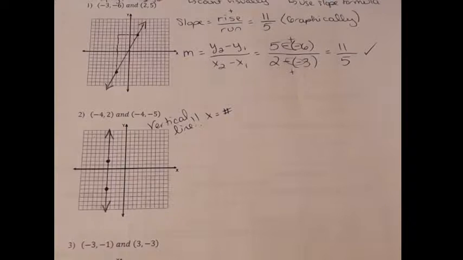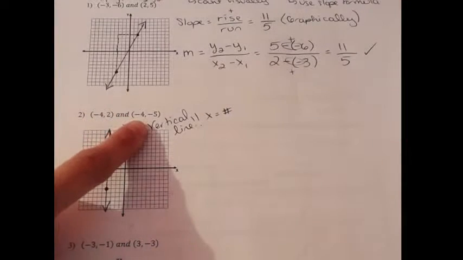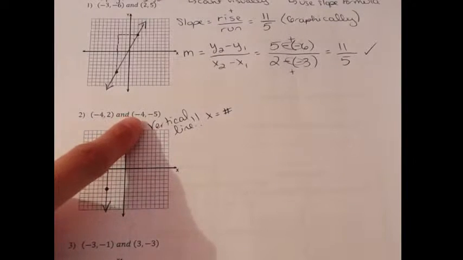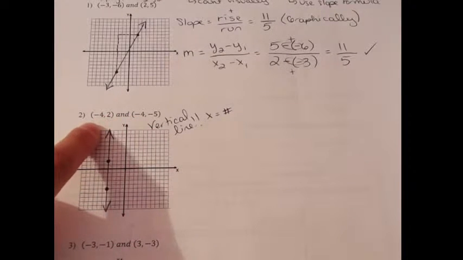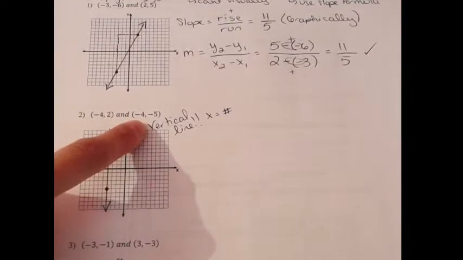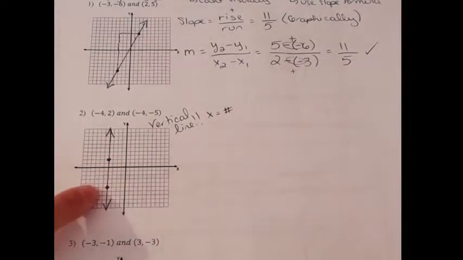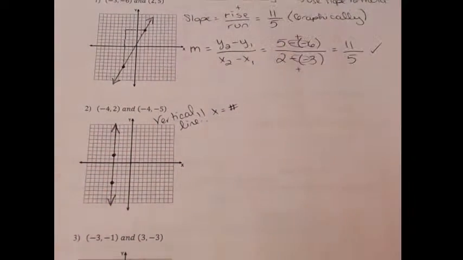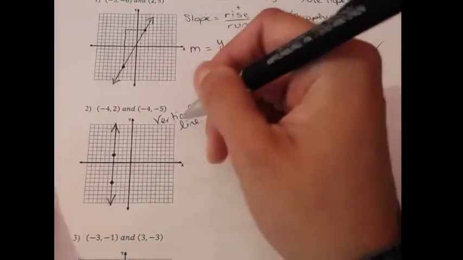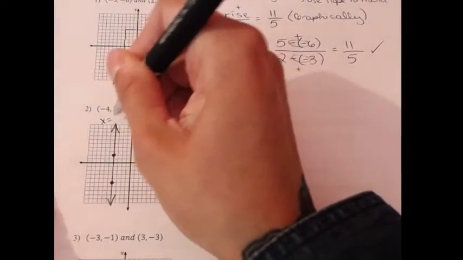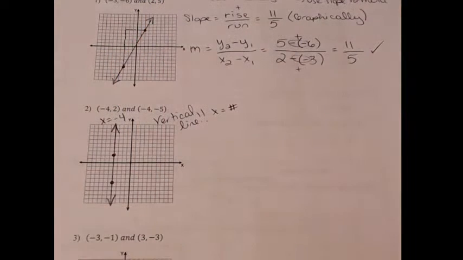Notice that the x coordinates are the same, which is pretty crazy, isn't it? Notice that the x in our first ordered pair is negative 4. The x in our second ordered pair is a negative 4. So the equation of this line, not that I asked for that, but we could provide it, is x is equal to negative 4.